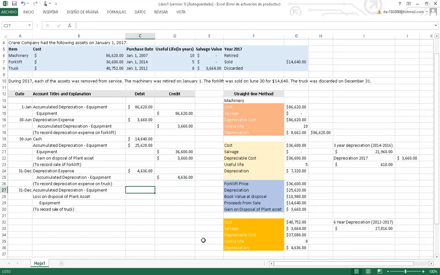And then we record accumulated depreciation of equipment. It's going to be the total depreciation of the 6 years.